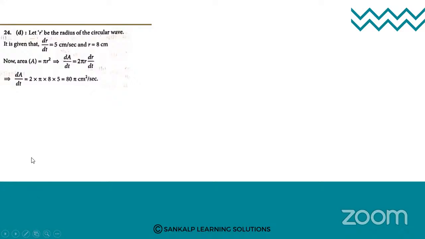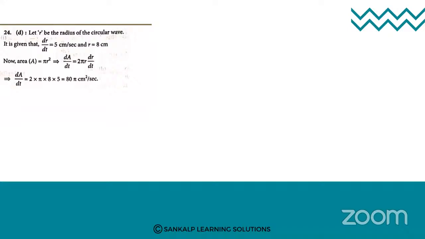Next, question number 24 we will discuss. So see here, let r be the radius of the circular wave. It is given that dr by dt is equal to 5 centimeter per second, and r is equal to 8 centimeter. Then area is equal to pi r square.